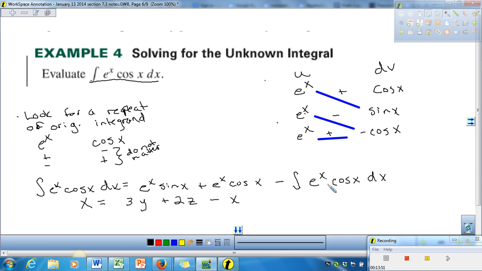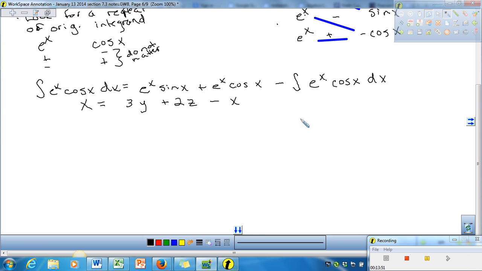So I can do that with that integral. That's the same exact integral that I have over here. So I can add plus the integral of e to the x cosine x dx to both sides of the equation.